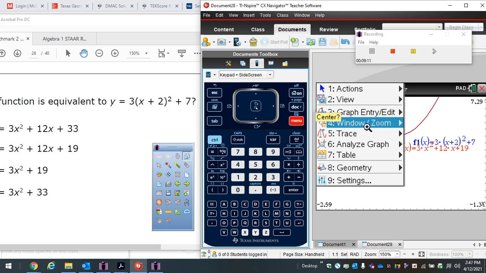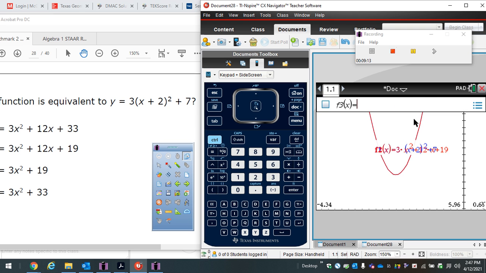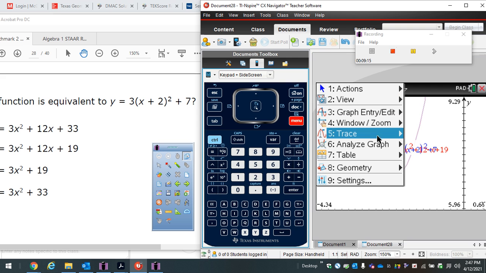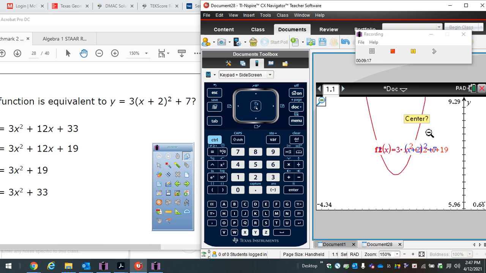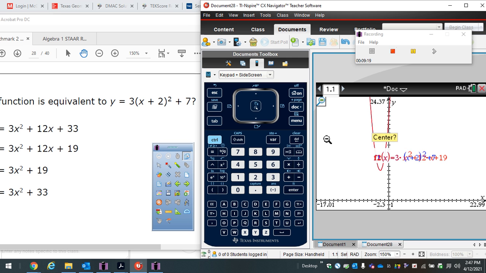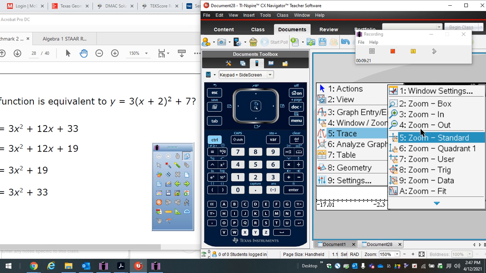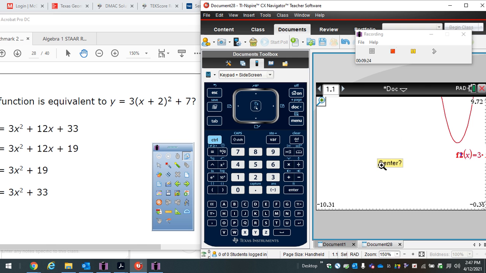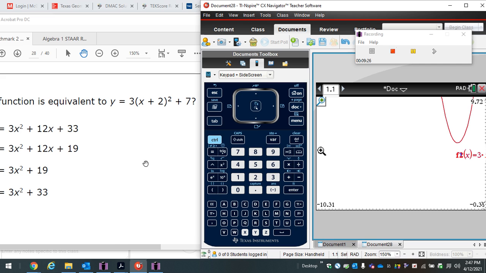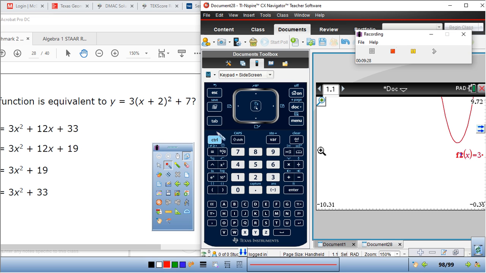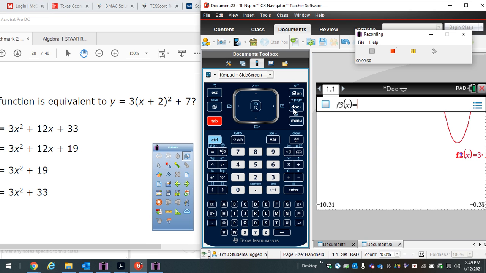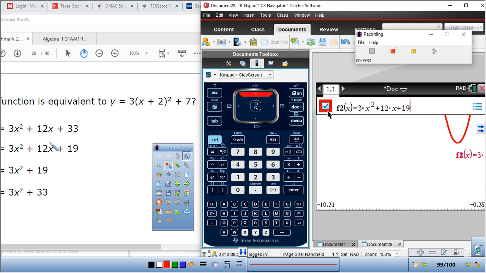And if you zoom out, you won't see another one somewhere else. Yeah, so they're the same thing there. So I'm going to say that's my answer. Well, which one was that again? Let me see. I'm going to go to tab, press up. It's the one that has 19. So this is my answer right here.